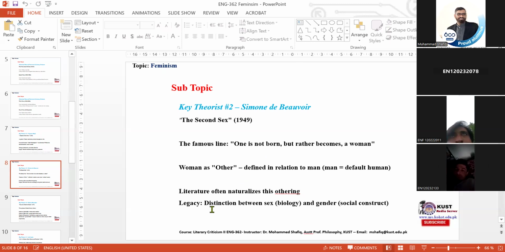The legacy is the distinction between sex, biological, and gender, social construct. The Second Sex is foundational for gender theory. Basically, what de Beauvoir did was differentiate between sex and gender. She argues that woman is always the other. She is defined as not man, just as non-white is defined as non-white in colonial contexts.